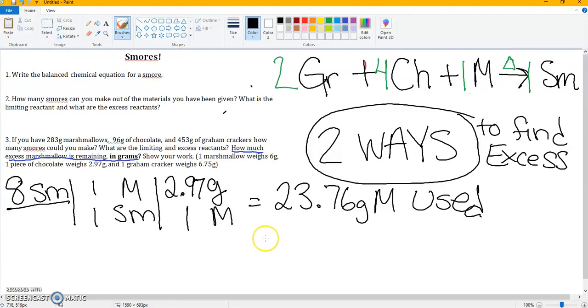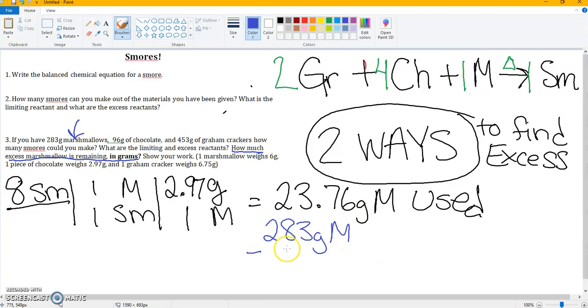Well, if I want to know how much is left over, I'm going to start off with what I started off with. So in this case, I started off with 283 grams of marshmallow. That's what it said in my problem. That's what I started off with.